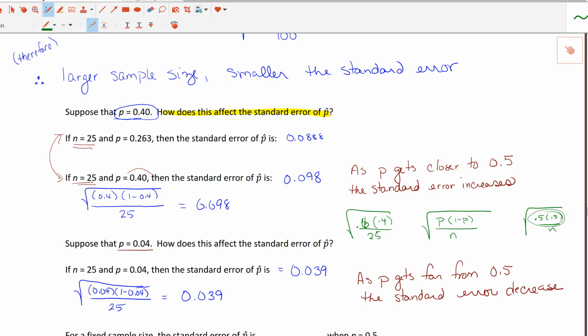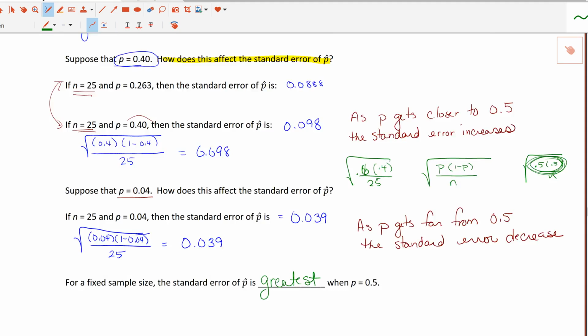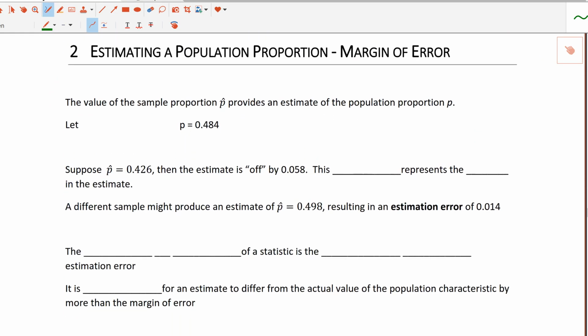So the biggest that the standard error can ever be is when the population proportion is 0.5. Okay? And that's what we say for a fixed sample size. The standard error of p hat is greatest when p is equal to 0.5. And that's just because mathematically that's the number that's going to make that standard error the largest.